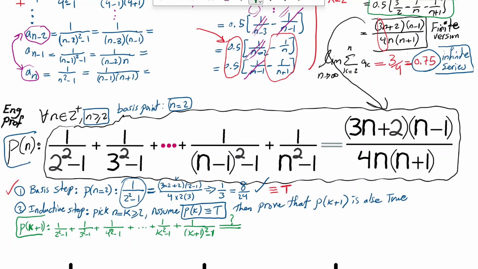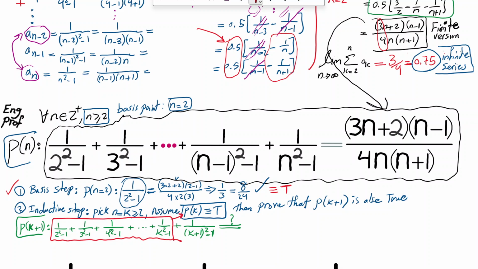Okay, so I'm going to use the inductive hypothesis, which says this portion is already the left-hand side of P of k.